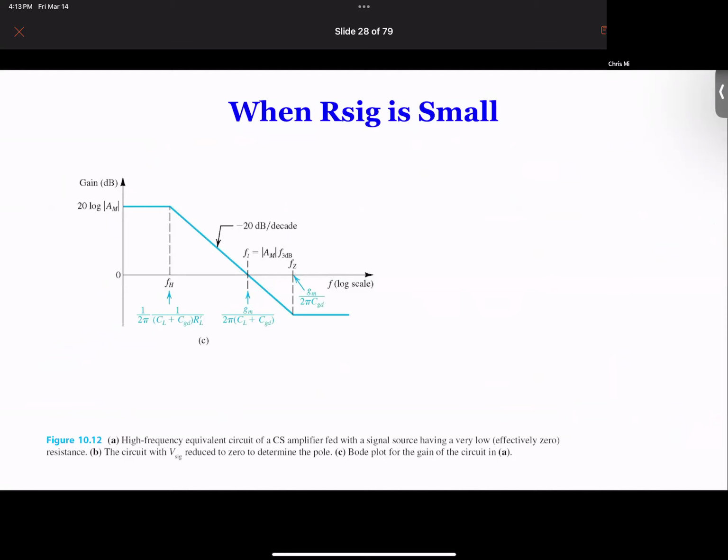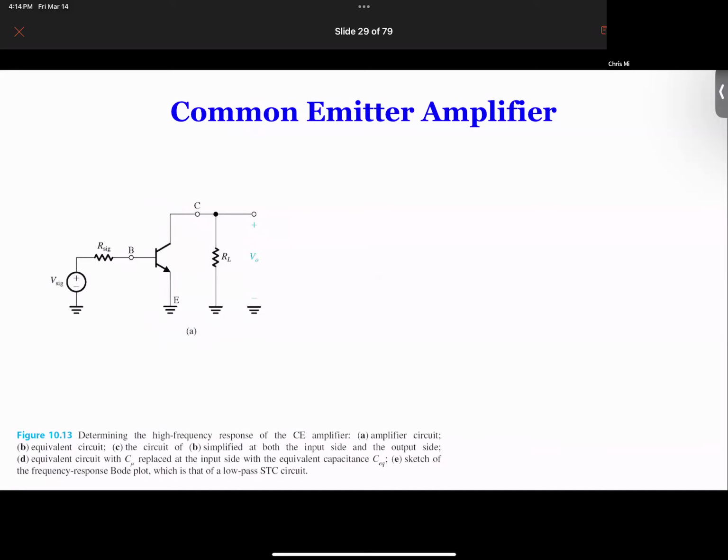That's where we have that cross point. And this line drops 20 dB per decade from FH to F0. This is a very interesting phenomenon, and we're going to see this in other applications as well.